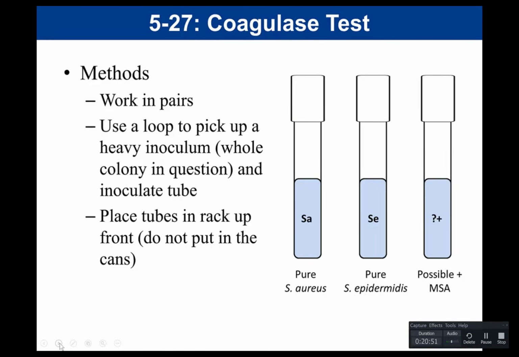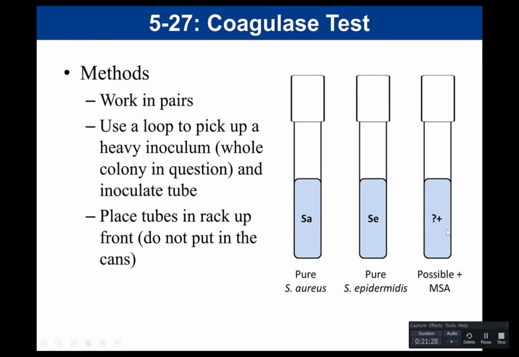And so just to kind of tell you how you did this, again, you don't need to memorize this for the test, but the idea is that when you did this, if you had done the MSA plate and you had from your nasal passage yellow colonies, meaning the agar turned yellow, then to confirm that you actually carry Staph aureus, you would take your yellow colony that you found on your MSA plate, and you would use that colony and you would inoculate a rabbit plasma tube.